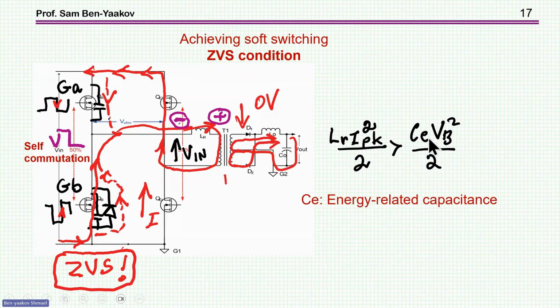In any case, clearly, you must have enough energy to charge these capacitors, and it means that either the current is high or the inductance is large. Now, the current is dependent on the current that we had in the system just before the whole process started.